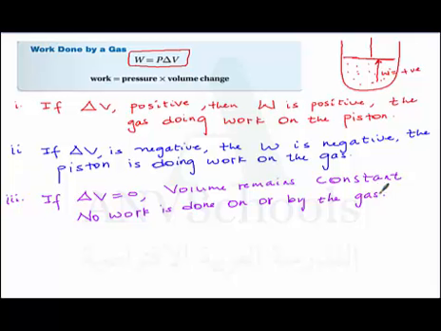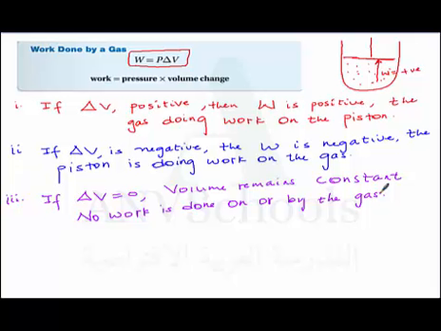This looks as if we apply some force on a given object, and if the force is unable to move the object, we can say that no work is done by the force. In the same way, whatever pressure we apply on a given system, if we don't get any change in volume, there is no work done on the gas or by the gas.